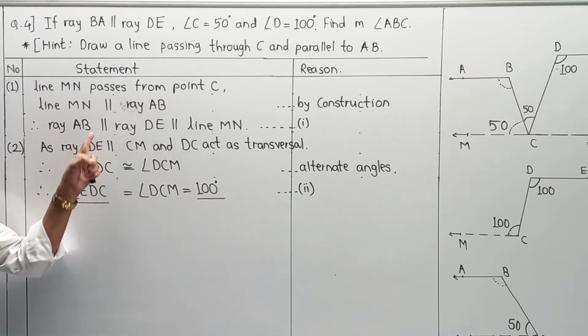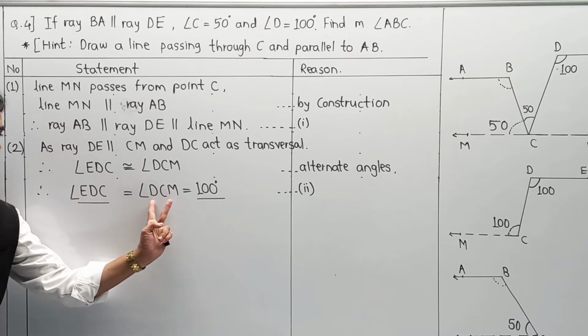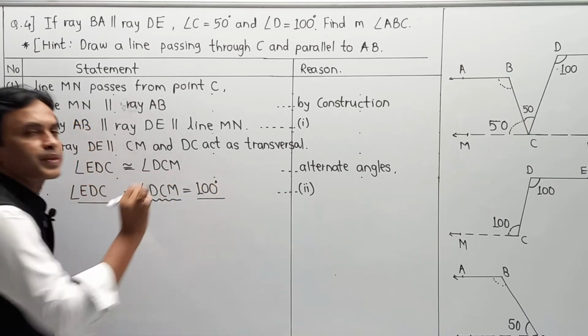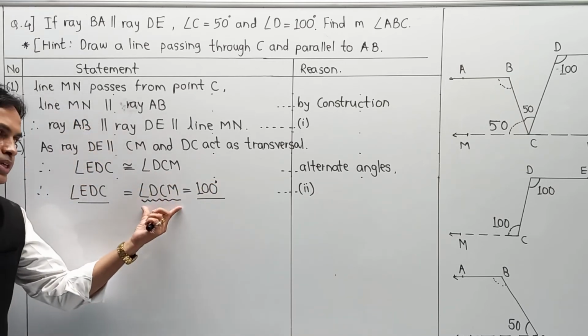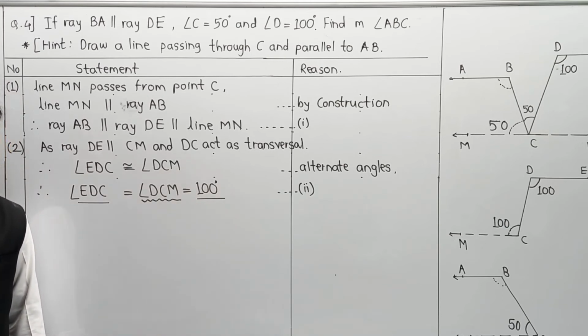So we have reached equation 1 and equation 2. Now we are going to take a breakup of angle EDC, which is equal to DCM. We can use this value of DCM as 100, but DCM is made of two angles.